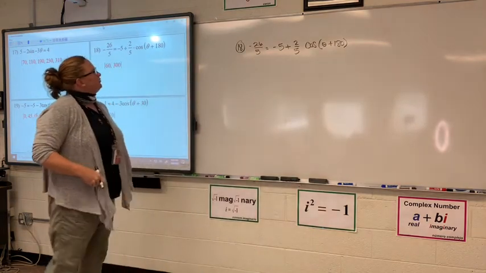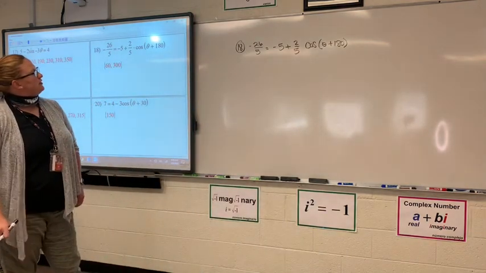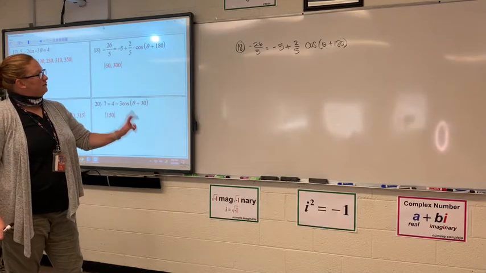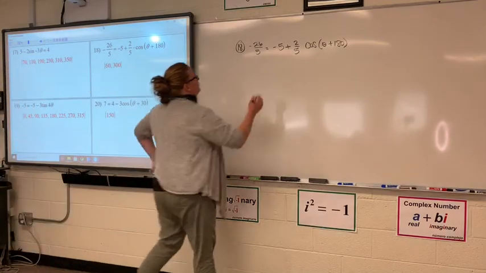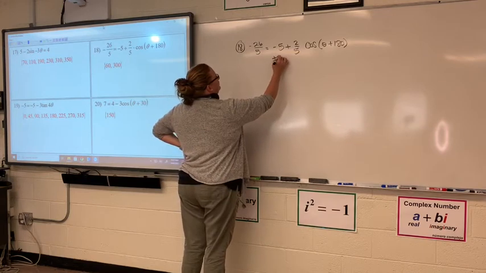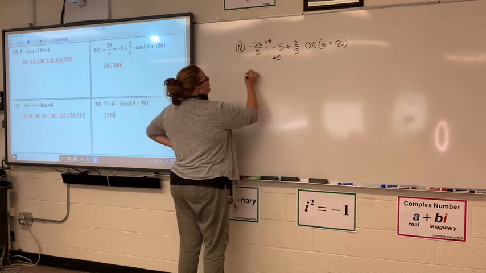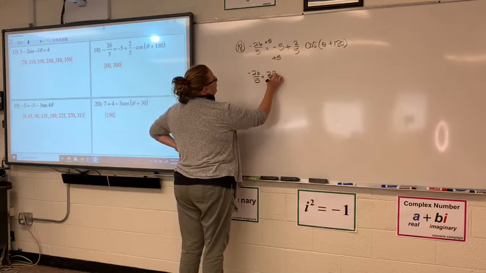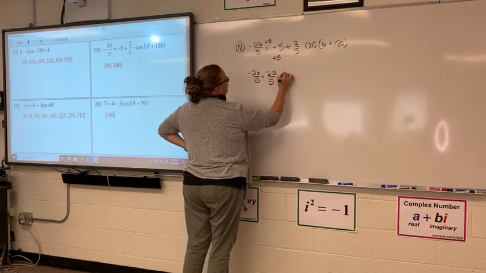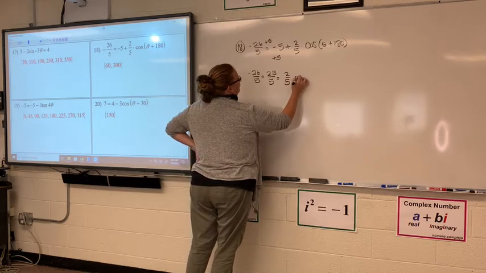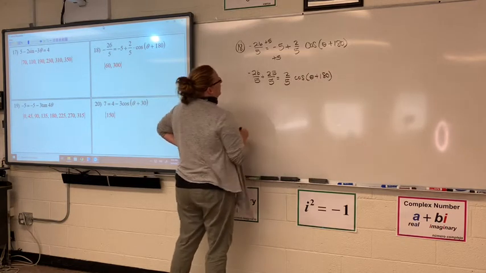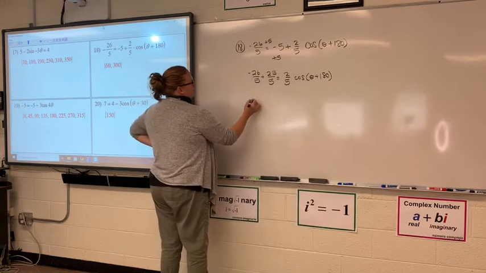Alright, so first thing we need to do is get cosine by itself and see what we can get from there. So we're going to add 5, which would be looks like negative 1/5.